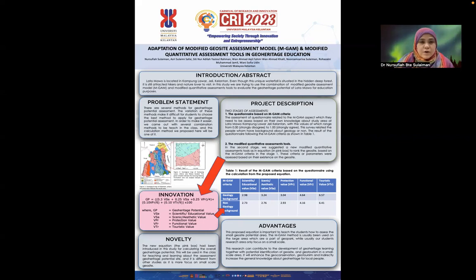For our proposed modified quantitative assessment, we use the criteria in the MGAM, however we come out with a different equation to identify the geoheritage potential. Our students can benefit from this modified equation, using it in class and in projects, maybe for the final year project, to identify the geoheritage potential of a relatively small-scale area.